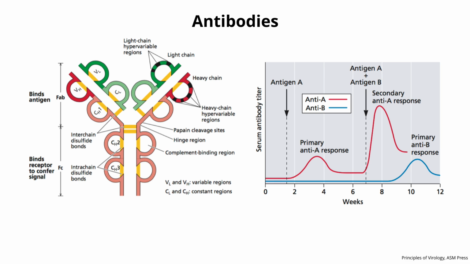We don't initially get an antibody response to the B antigen until 10 weeks or so. That's because it's the primary response against antigen B. So this illustrates primary and secondary antibody responses to different antigens. And what's going on here is memory. The animal retains memory to antigen A, and we'll talk about what exactly this is a bit later.